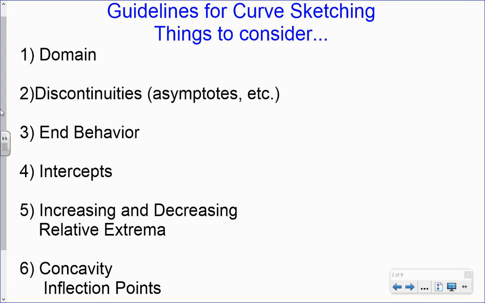And discontinuities, if we have a rational function, we need to identify our asymptotes or any holes if we have them. End behavior, if we have a polynomial, are we rising or falling to the right and left? If we have an asymptote, like a horizontal asymptote, this is where we would consider that.